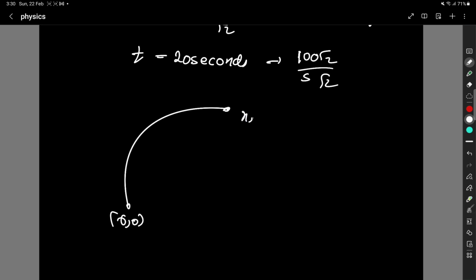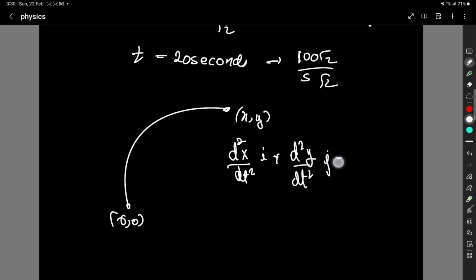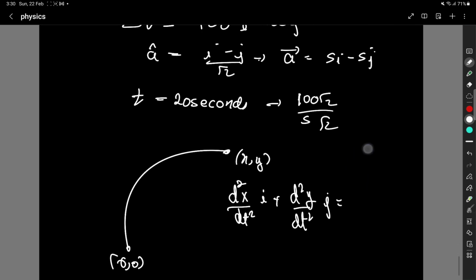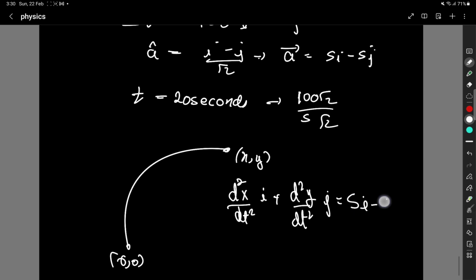This b is x, y. d square x by dt square along i cap plus d square y by dt square along j cap is constant, sorry, is equal to 5 i cap minus 5 j cap.